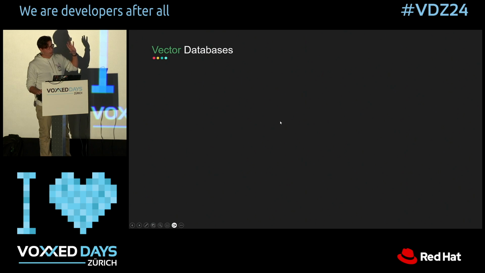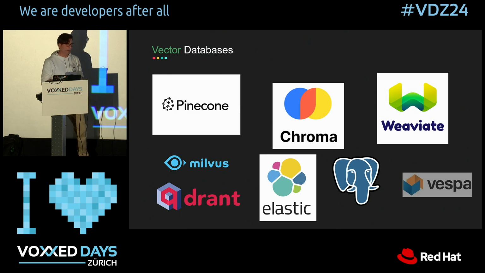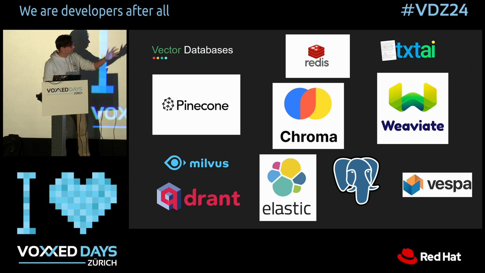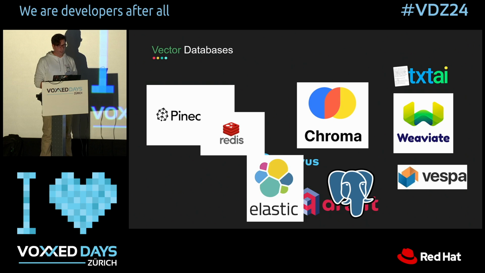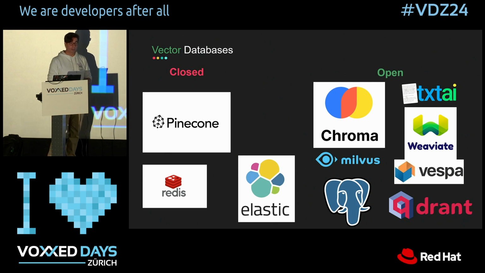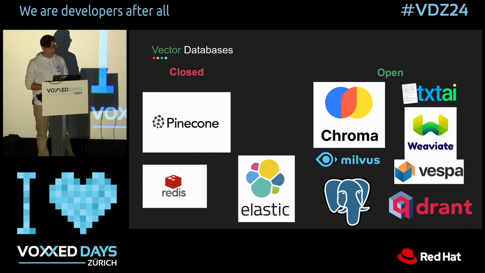We are in a state of a gold rush when it comes to vector databases right now. I think every day new databases pop up on GitHub. I think these are the biggest right now. Could be that it's changed a little bit. What is very interesting for you, I think, is which is open source. So everything on your right side is open source.